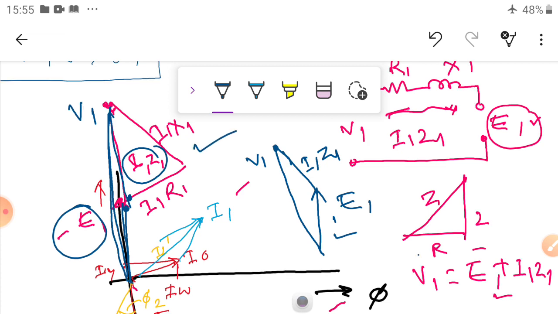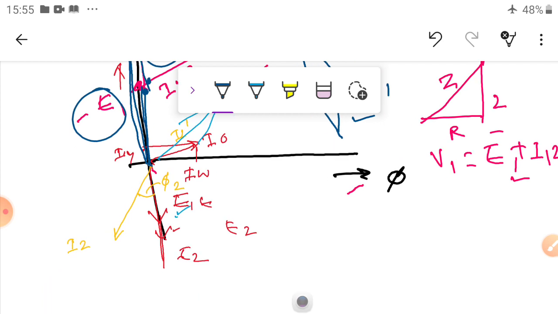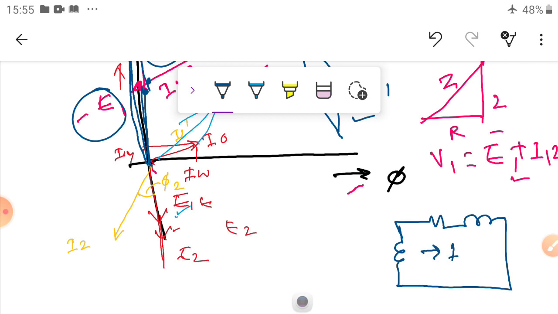Okay, and coming to the secondary side. Here you know this diagram. So this is I2, R2, X2, and this is equal to E2. So E2 is this much.